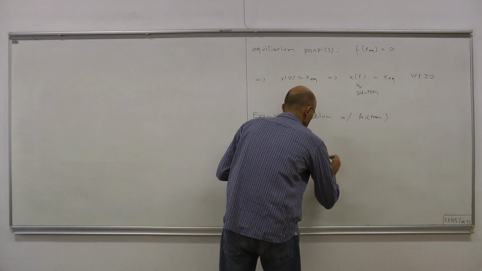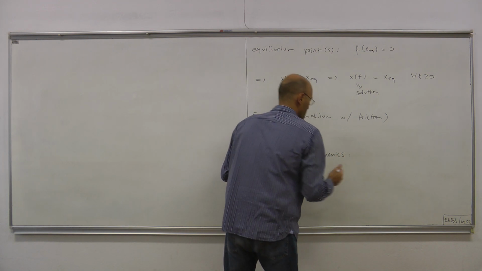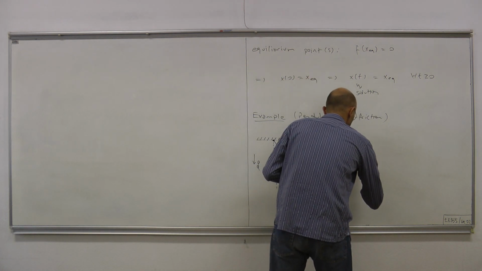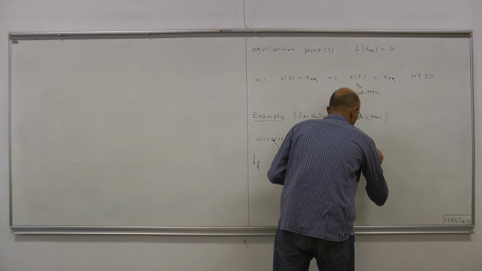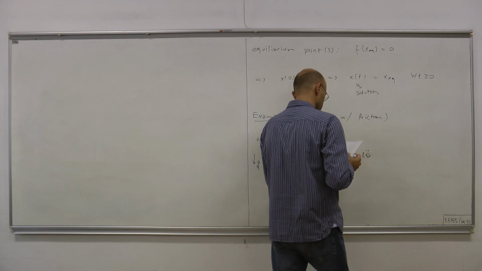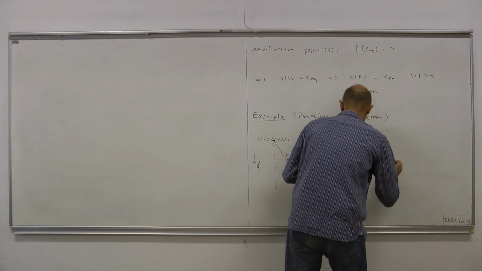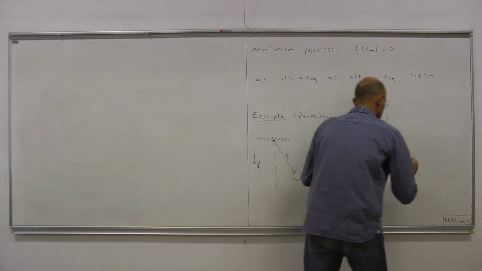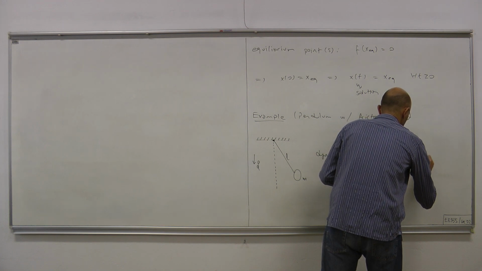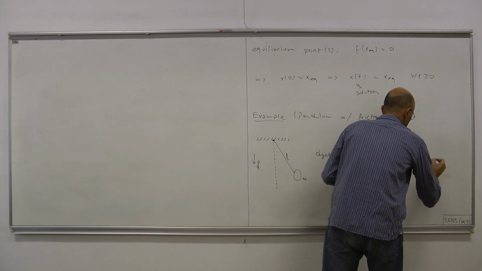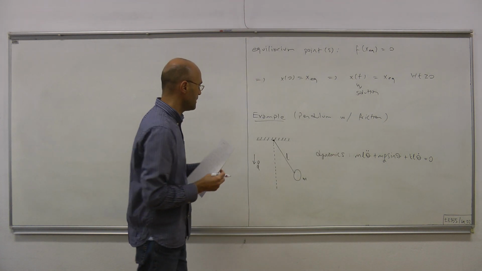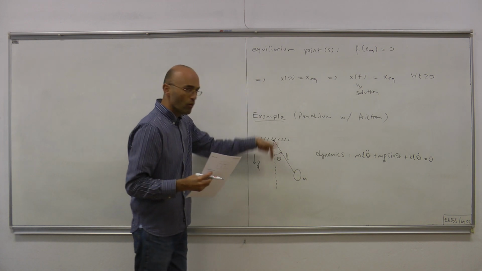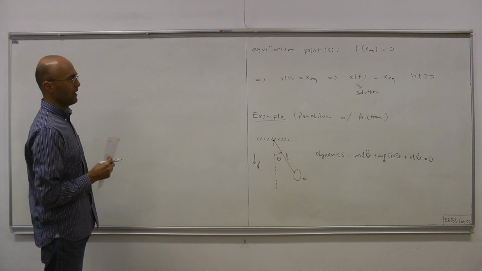Now the dynamics of pendulum with friction can easily be obtained, and it's m l theta double dot plus m g sine theta plus k l theta dot equals 0, where theta is the angular displacement from the vertical reference line.